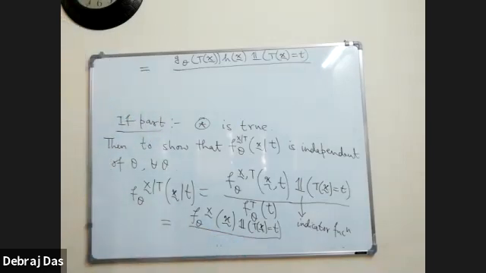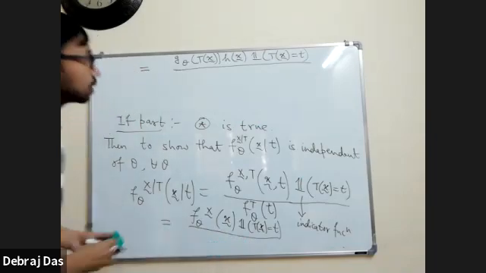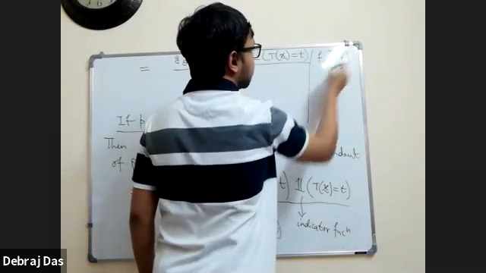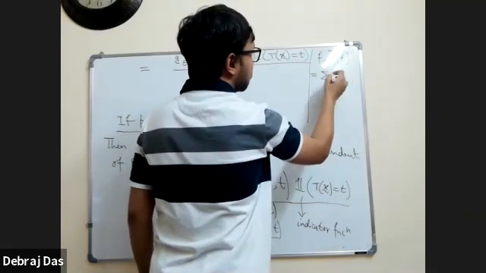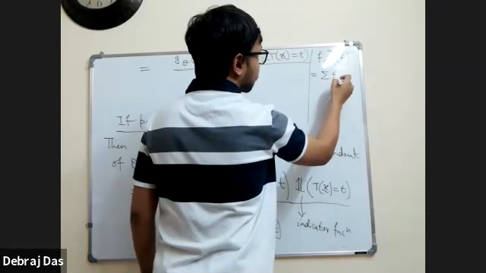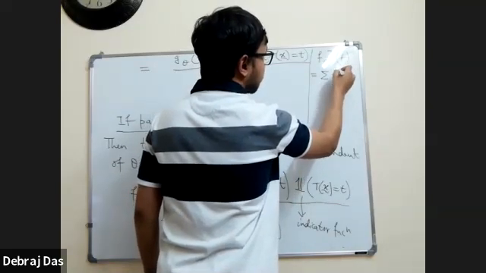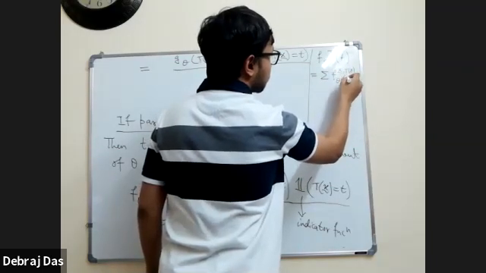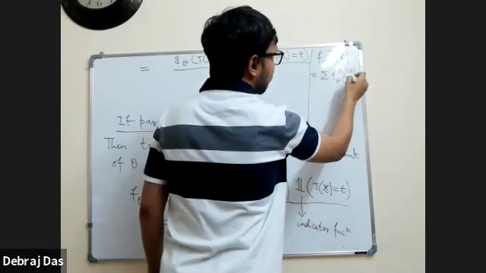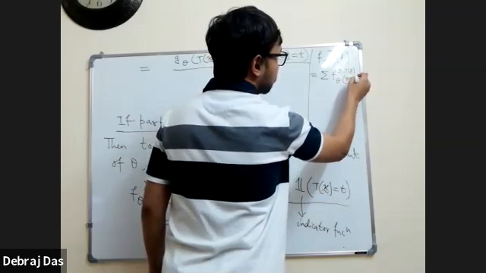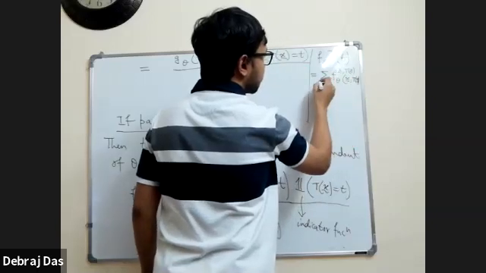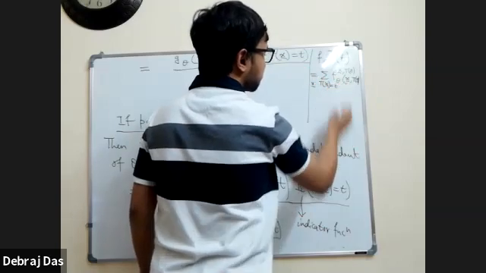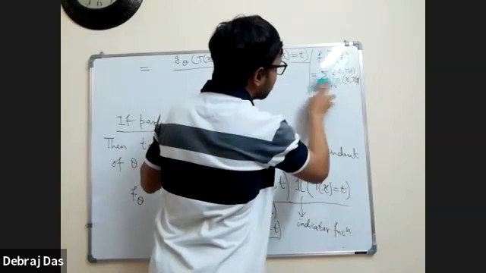If f theta T of t is the PMF, then it's nothing but the sum of f theta of x curl, summing over all x curl such that T of x curl equals t.